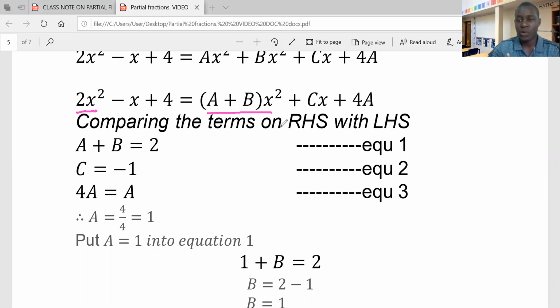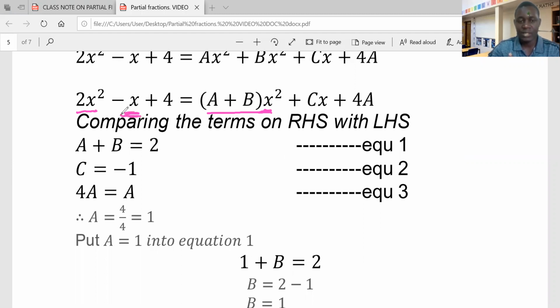So comparing the coefficient of x squared, in this case it is the bracket a plus b. So therefore, a plus b is exactly going to be my 2. A plus b is equal to 2. I can call that my equation 1. Then I observe that we have an x term here.